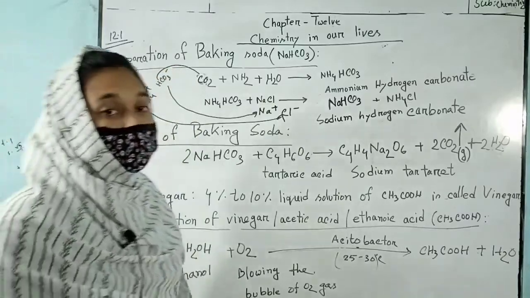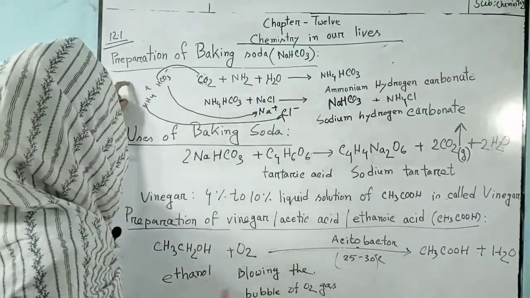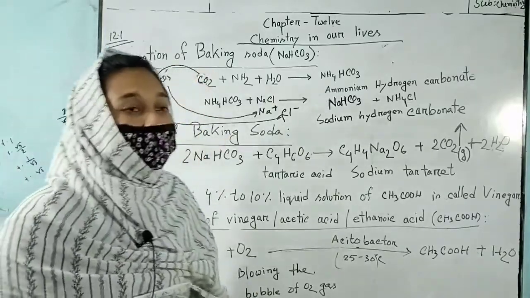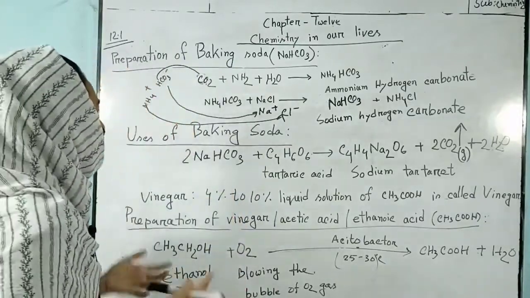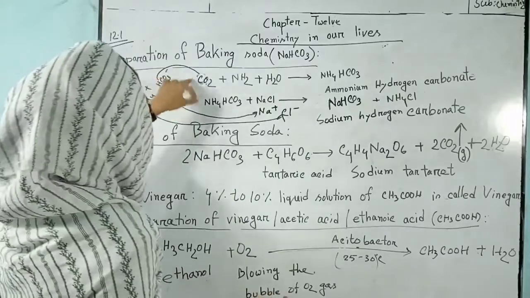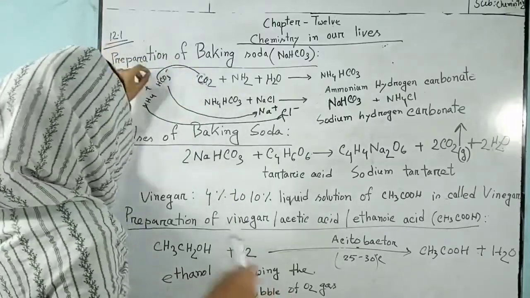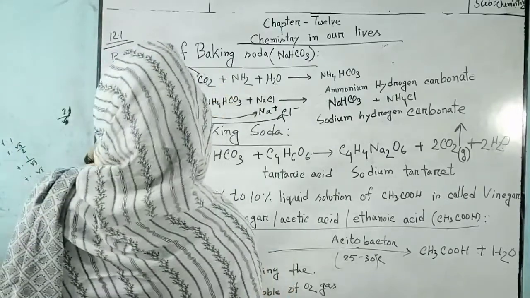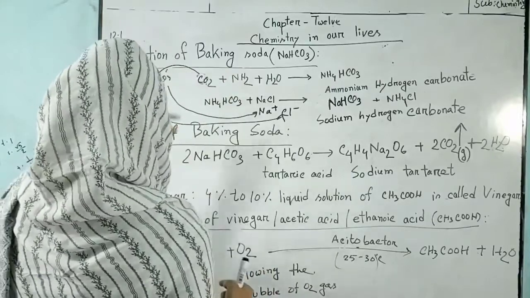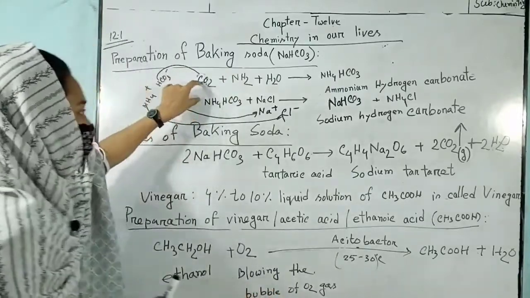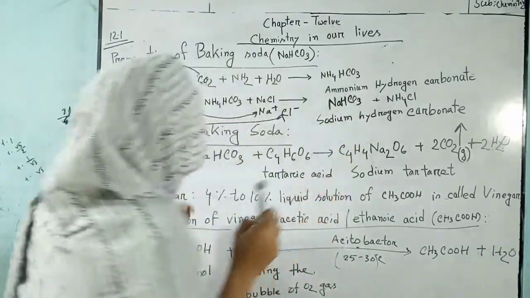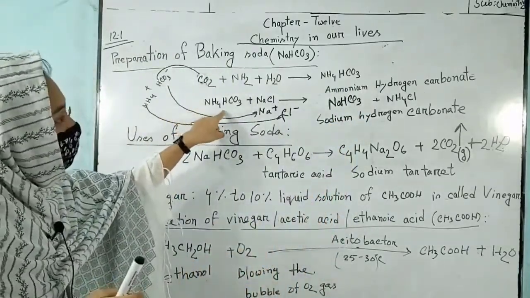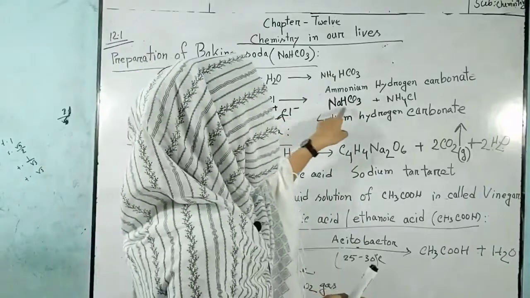This mechanism is not required for the preparation of baking soda, it is just for studying this lesson. When you write the preparation of baking soda, you can write only the first step and the second step. In the first step we get ammonium hydrogen carbonate, and from this ammonium hydrogen carbonate we get sodium hydrogen carbonate.